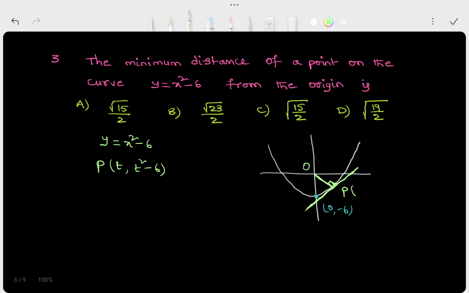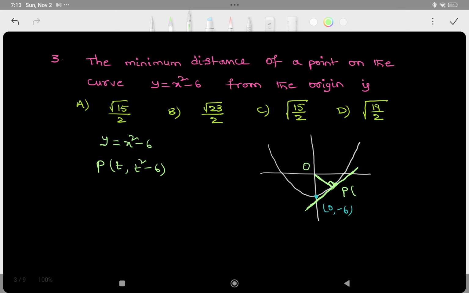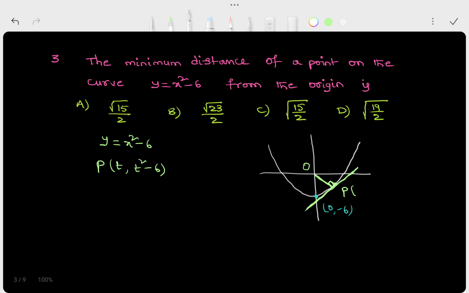So you have to find the slope of the tangent at P. What is the given equation? Here y is equal to x square minus 6. Now you differentiate: dy by dx is equal to 2x. So dy by dx at the point P is 2t.